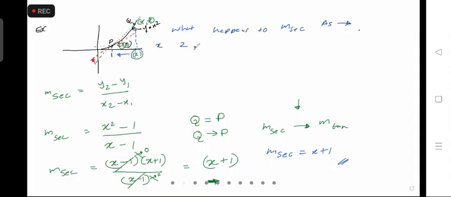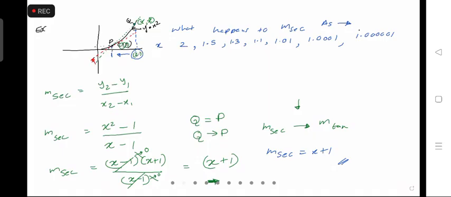So you can apply numbers here: 2, then 1.5, then 1.3, then 1.1, right? Then 1.0, 1.000. So let's apply this and see what happens.